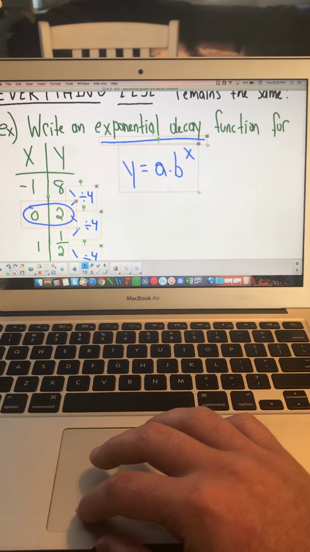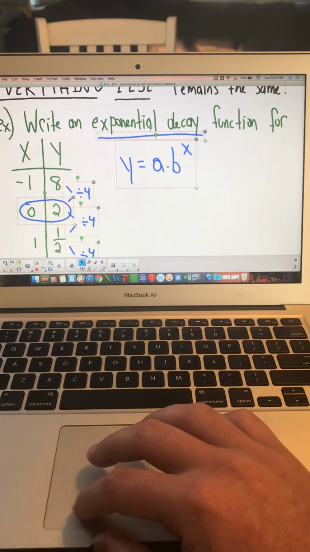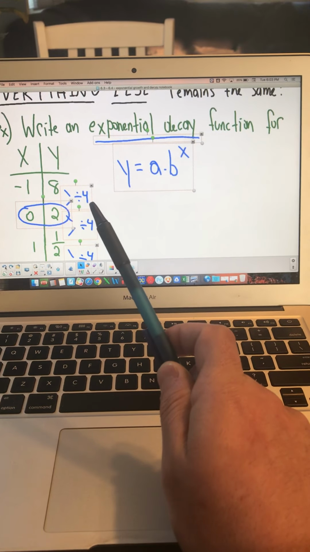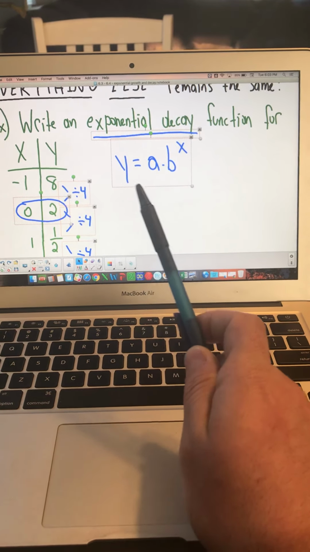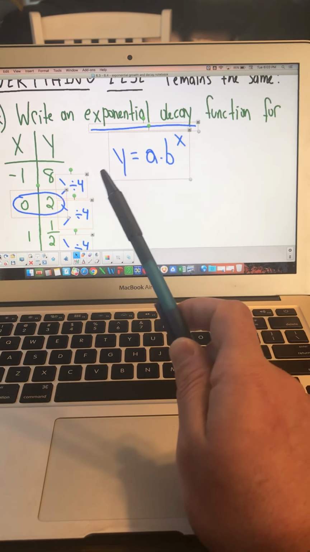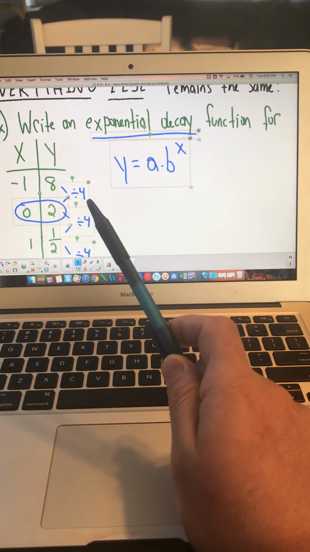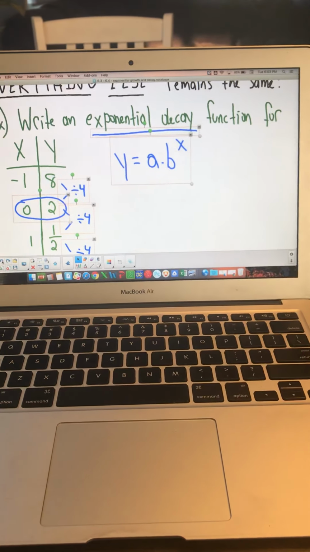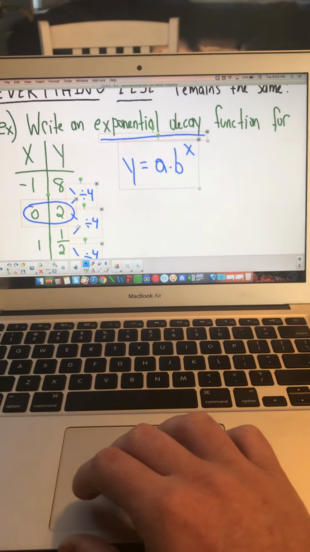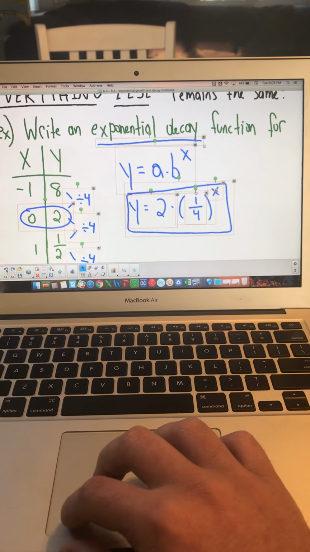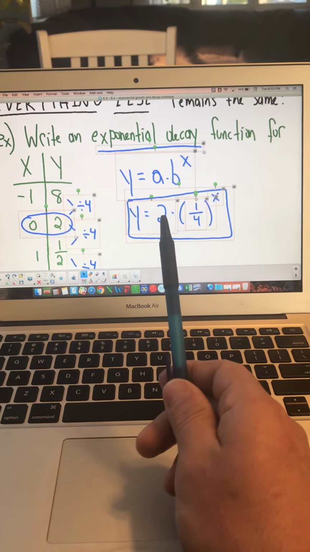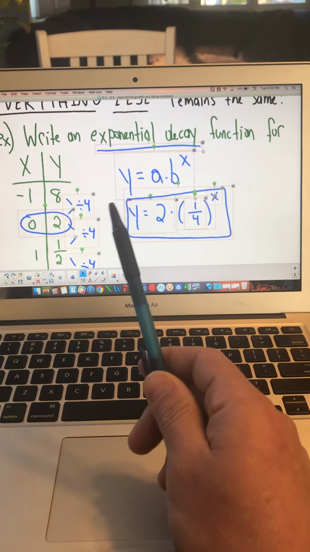Still writing it in this format because it's exponential, but here we go. Dividing by a number is the same as multiplying by its reciprocal. Multiplying by 1/4 is the same as dividing by 4. So when we write the equation, y-intercept, pattern.